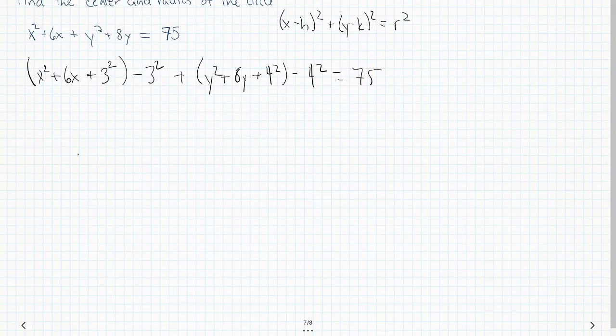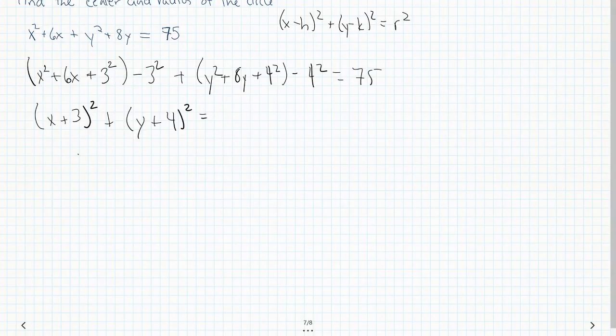So we're getting one step closer to that because x squared plus 6x plus 3 squared is just x plus 3 the quantity squared. That's what we were doing there. And then we'll add the 3 squared over to the other side in a second. For the other one, though, we have y, and notice that's going to be plus 4 squared.